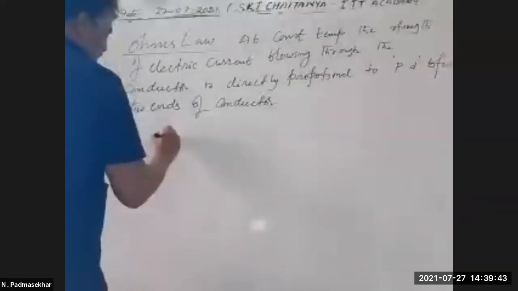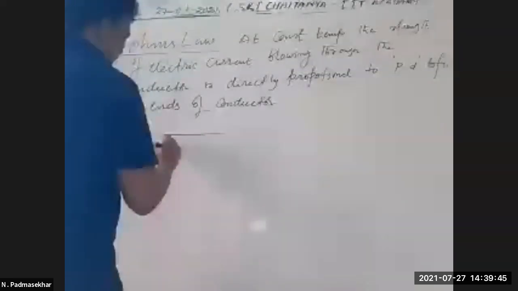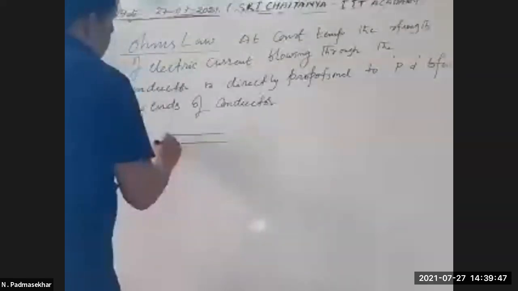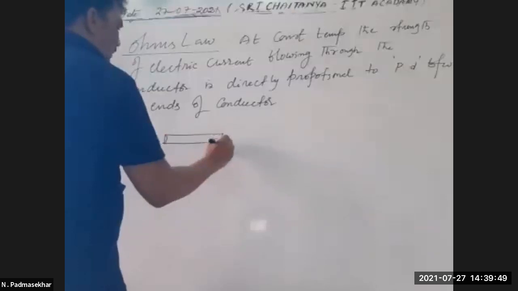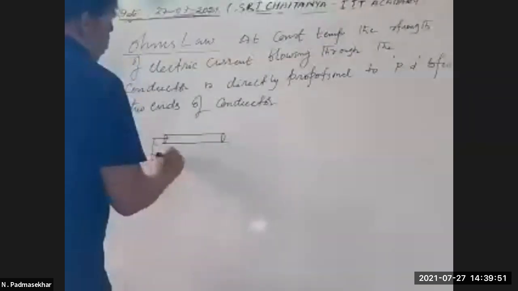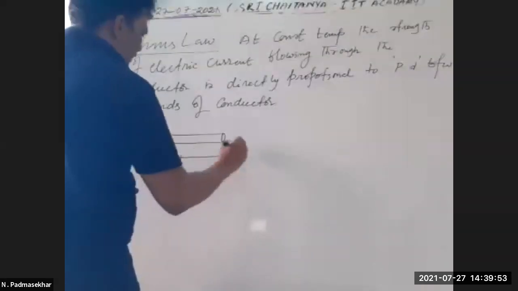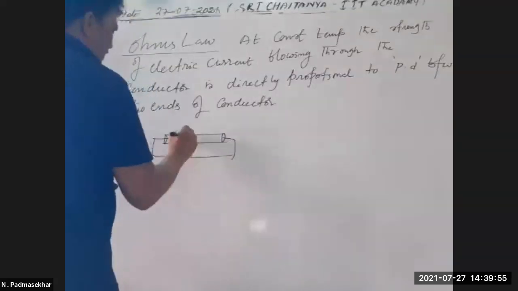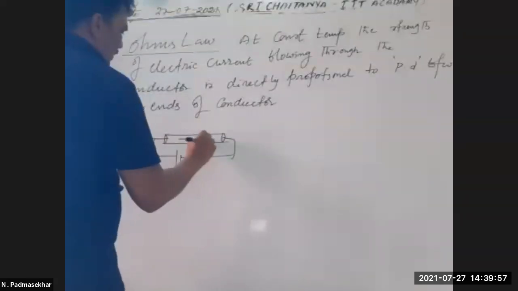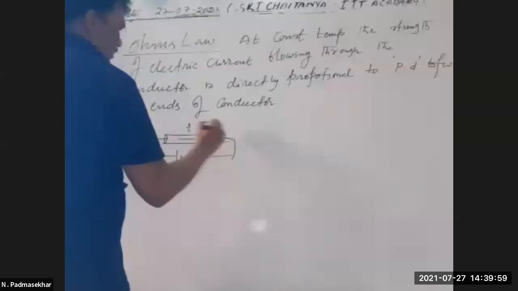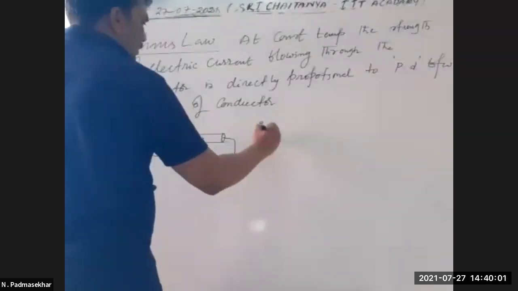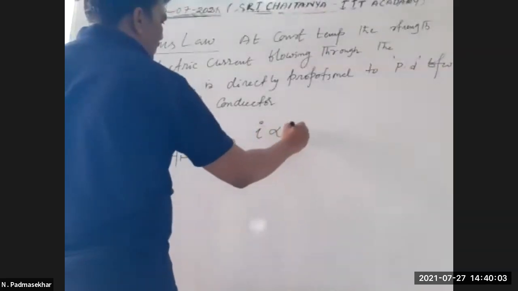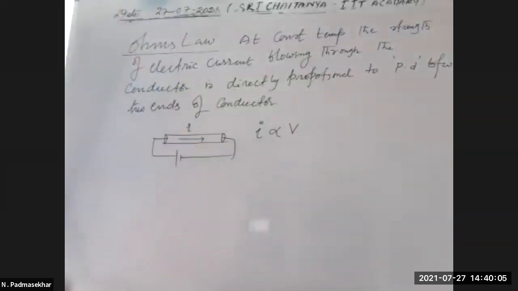There is a potential difference between the two ends of the conductor. Because of this potential difference, the current is passing through the conductor. According to Ohm's law, this current is directly proportional to the potential difference between the ends of the conductor.